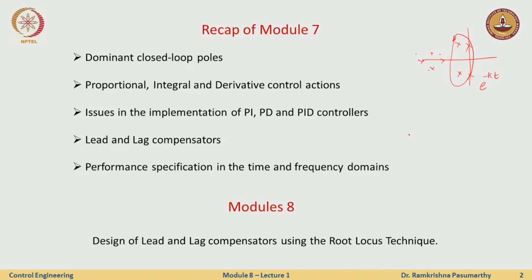We also looked at issues in implementation of the nominal derivative or PID controllers. If I just take a P and D controller, we saw that it cannot be realized physically, as it is a non-causal system. So this will lead us to a slight modification of these components in terms of physical realizability.